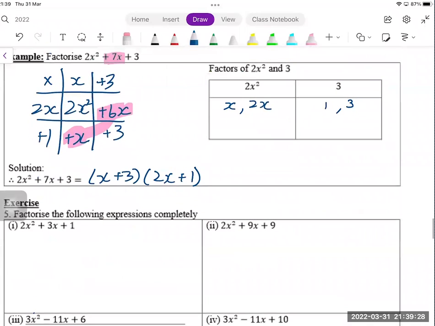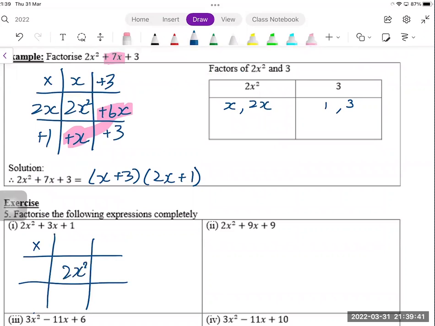Yes. Okay, so let's try one more question together. Now I have 2x squared plus 3x plus 1. Same thing. Actually, I think for this question there's no positioning to talk about, because for +1 the factor is just 1 times 1.